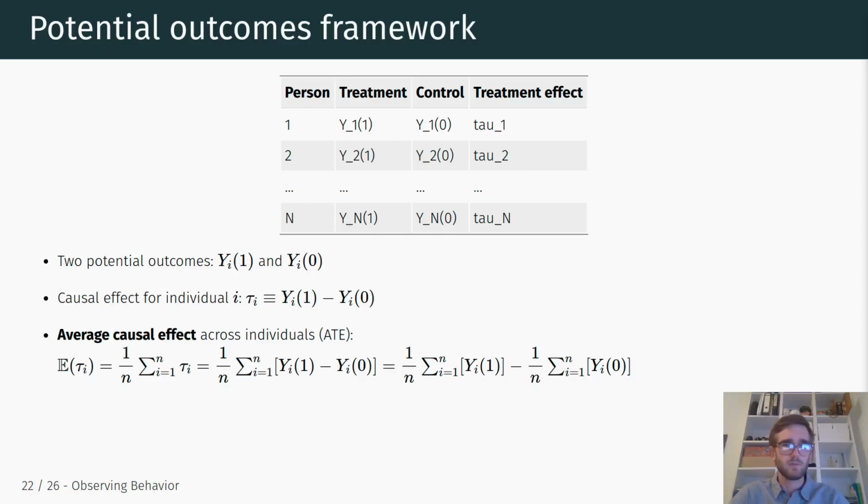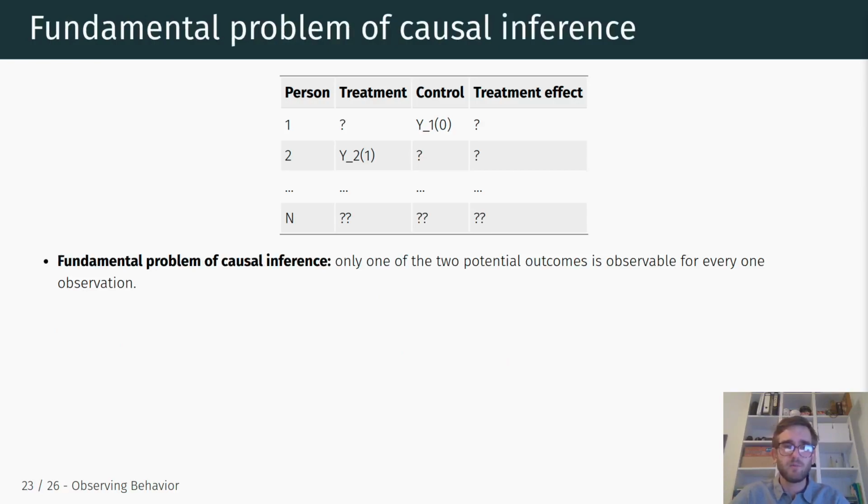Okay, so this seems pretty straightforward at first, but the important problem is that, obviously, we don't observe both potential outcomes. This is what is called the fundamental problem of causal inference, which is that only one of the two potential outcomes is observable for every one observation.